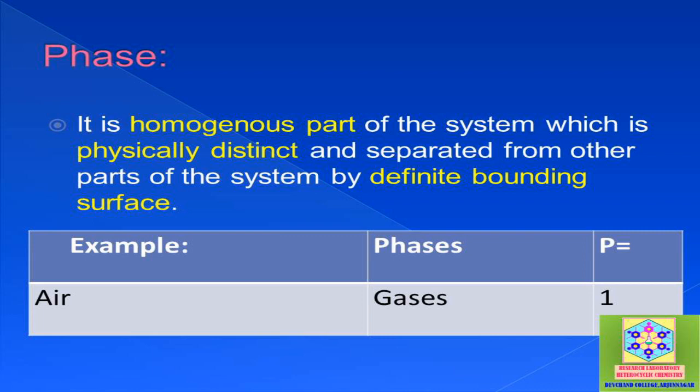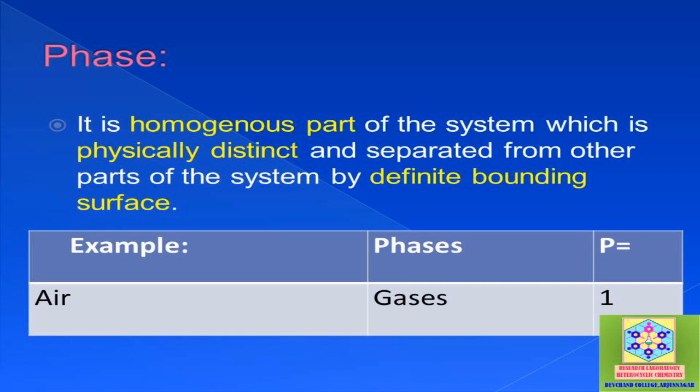First term is the phase. It can be defined as a homogeneous part of the system which is physically distinct and separated from other parts of the system by definite bounding surface. The words which are highlighted here are most important. These are the conditions where we can define the phase correctly.